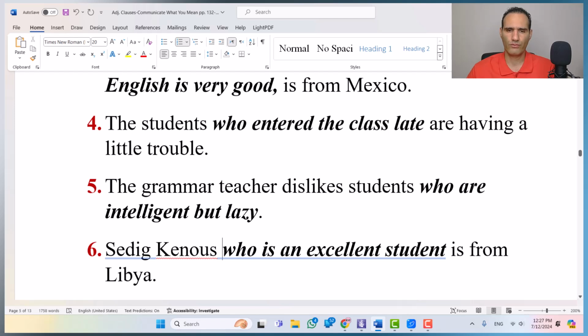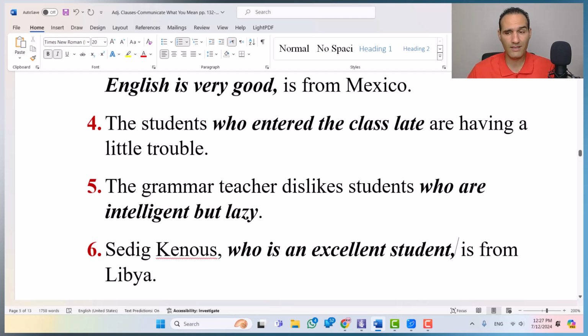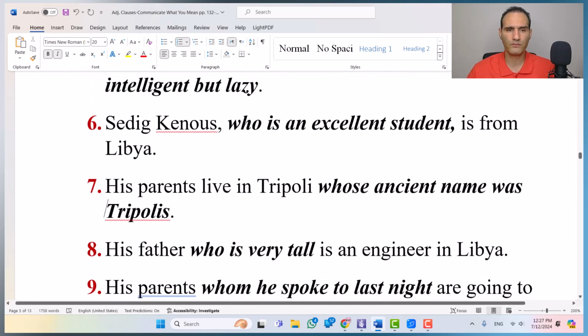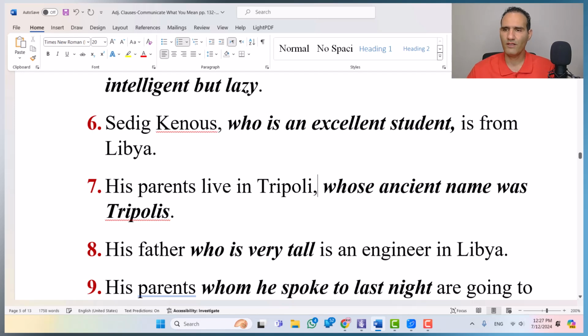Cedric Kenous, who is an excellent student, is from Libya. Because there is just one Cedric Kenous in the class, it is an unnecessary adjective clause, unless there are 2 Cedric Kenouses in the class, which is a little improbable. His parents live in Tripoli, which is a specific name and unnecessary.